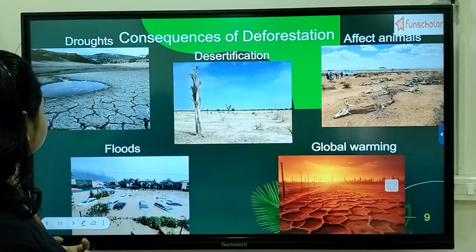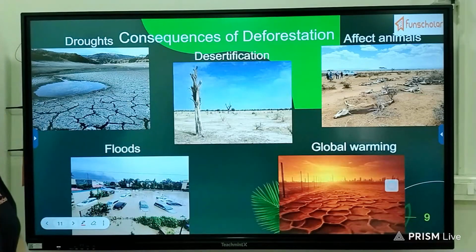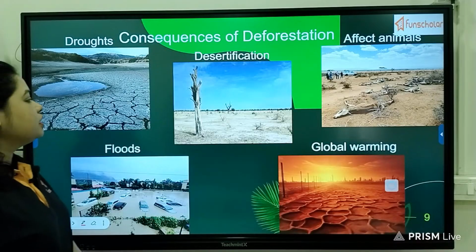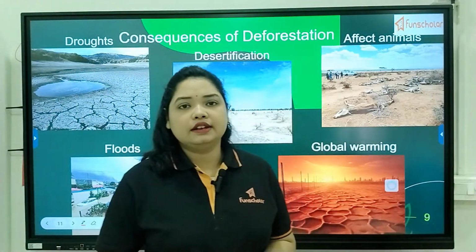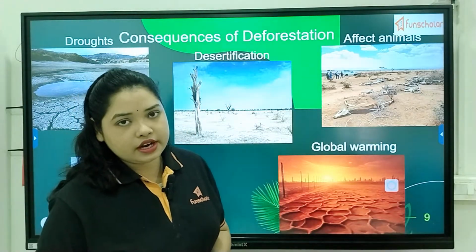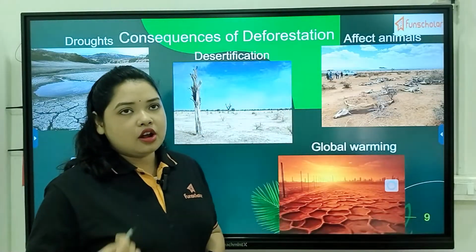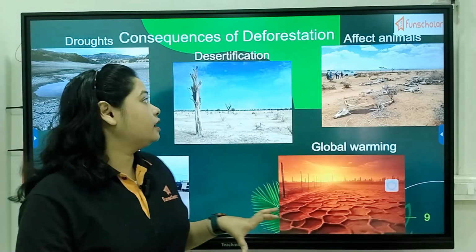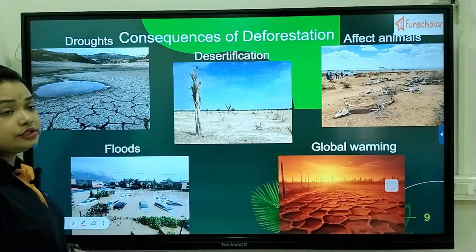Talking about the consequences, we know, as I said, droughts are the consequence as well as the cause of deforestation. So if trees are not there, water percolation capacity will be hampered, and if water does not percolate, the groundwater table will be reduced, and then you can see cracks on the soil surface, the soil becomes very dry.